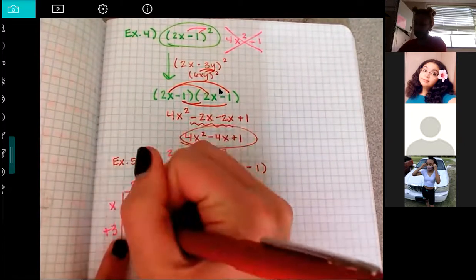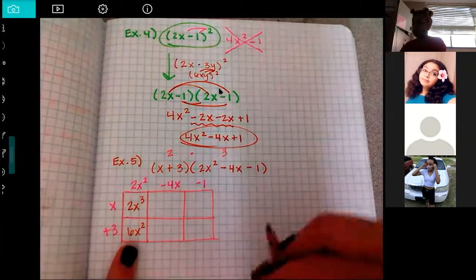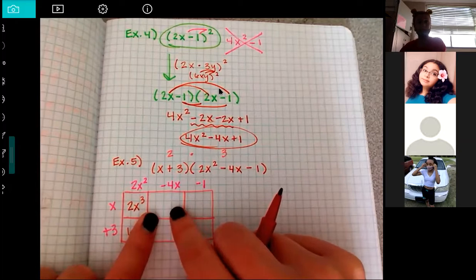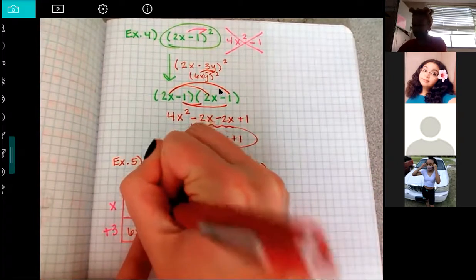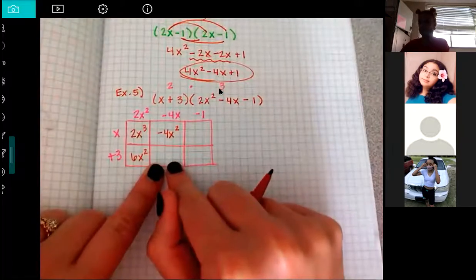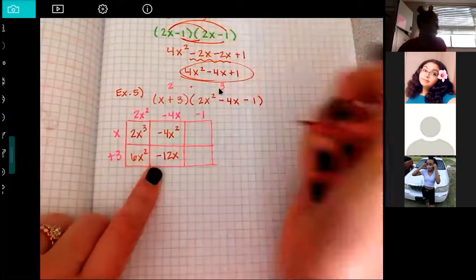Good. 3 times 2 is 6. And there's 2 x's, so 6x squared. Brooke, what goes in this one? Negative 4x squared. Jaquez, let Brooke answer. Brooke, do the next one. What goes down here, babe? Good, negative 12x.